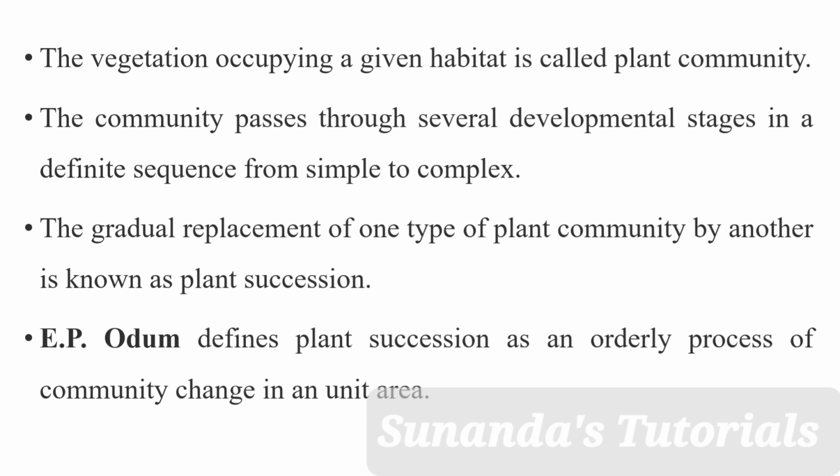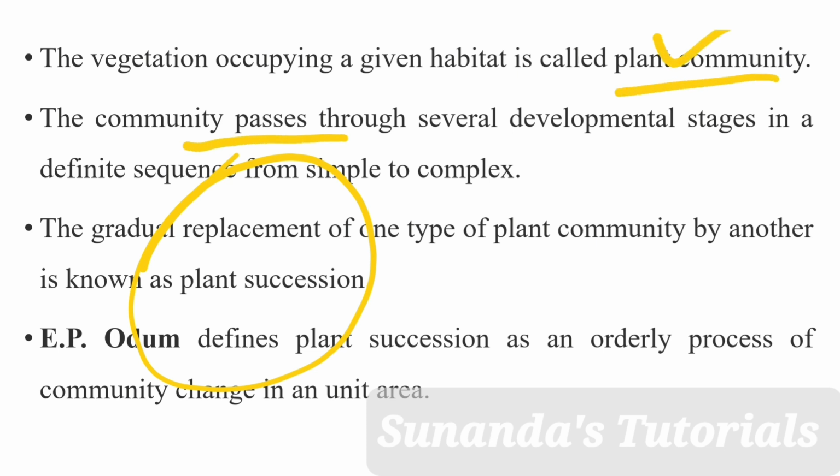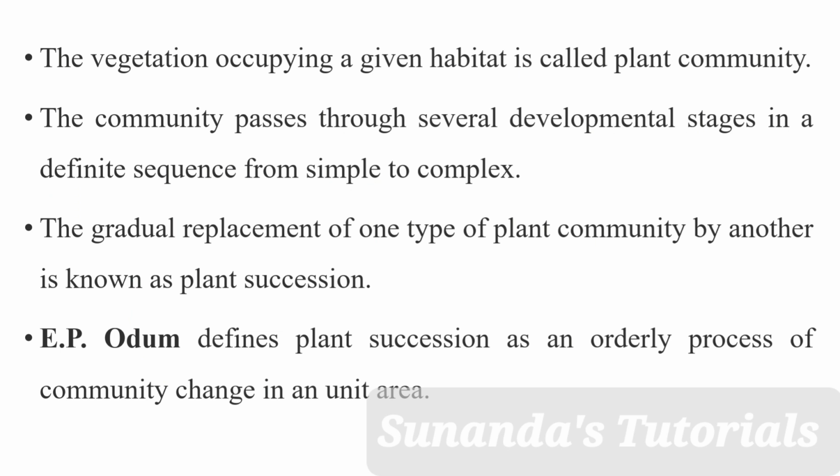So let's start. First of all, the vegetation occupying a given habitat is called a plant community. The community passes through several developmental stages in a definite sequence, from simple to complex, or more stable, from stable to more stable.